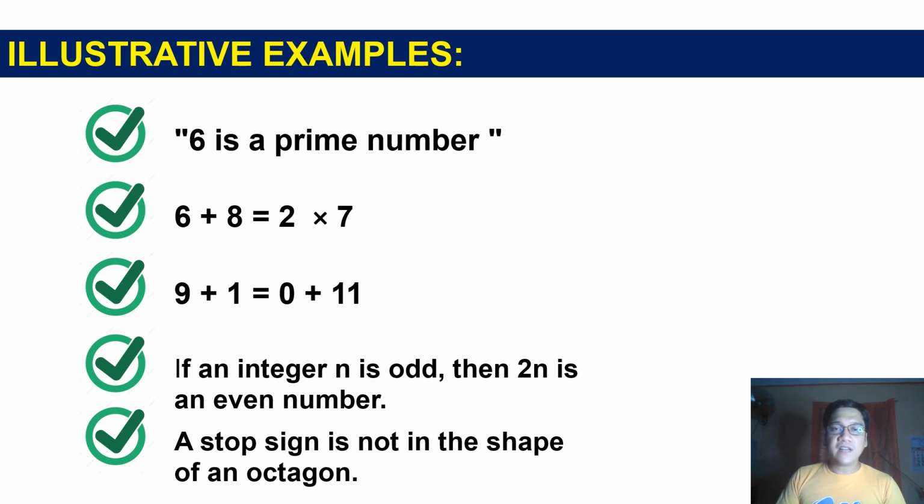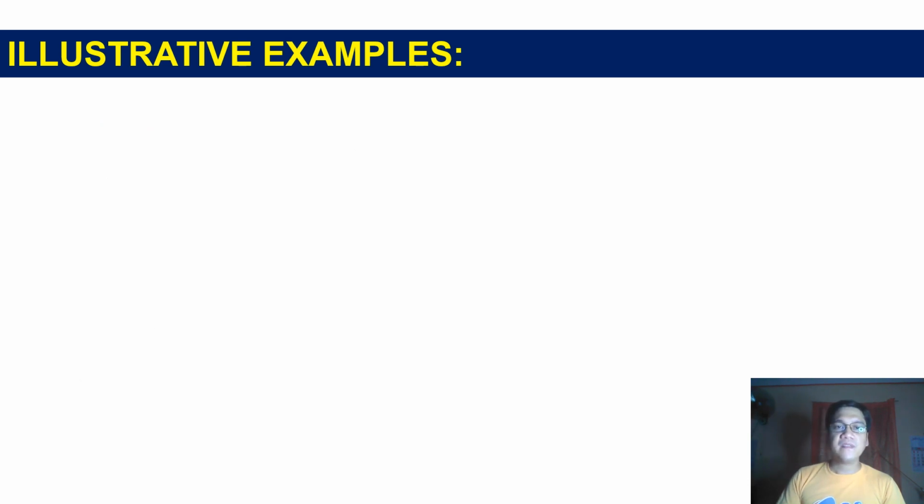This is considered a mathematical sentence because again, it expresses a complete idea and it can be judged as true or false. So we can say that not all stop signs are in the shape of an octagon. There are stop signs designed to be in circular form, in square form, or rectangular form.